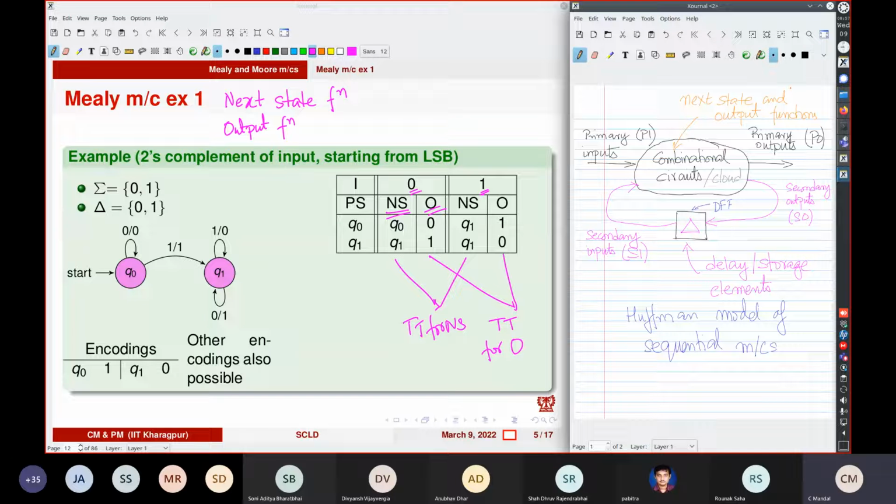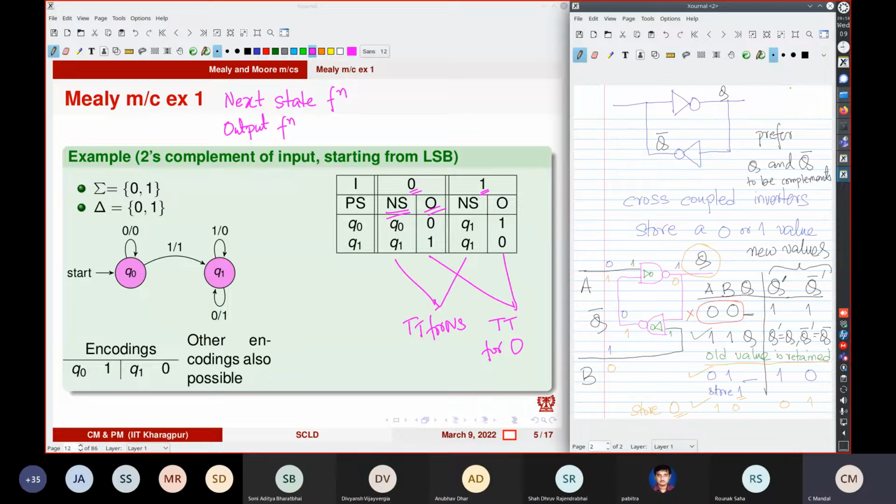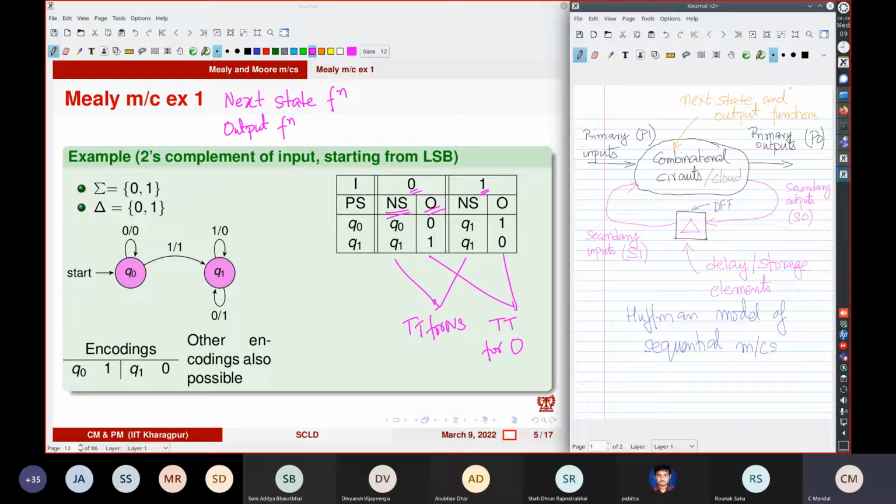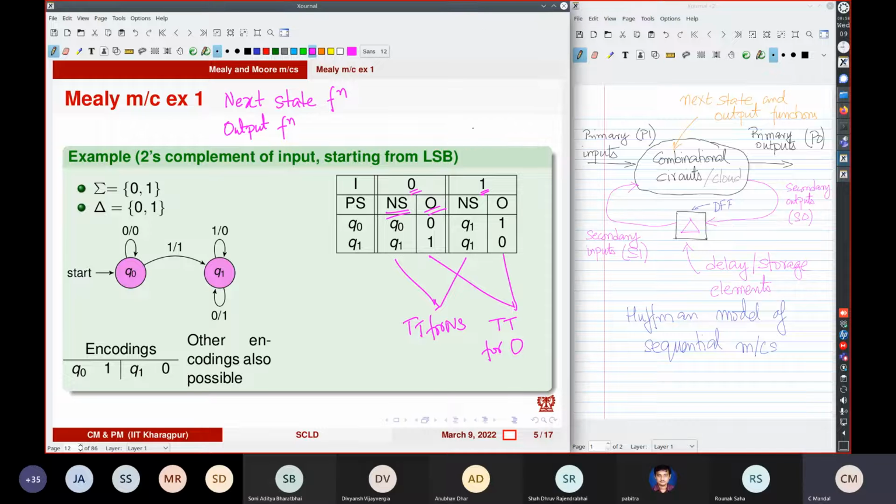It is not a very easy matter to decide on which encoding is best. Of course, you could enumerate, but that is expensive. So this is a simple Mealy machine.